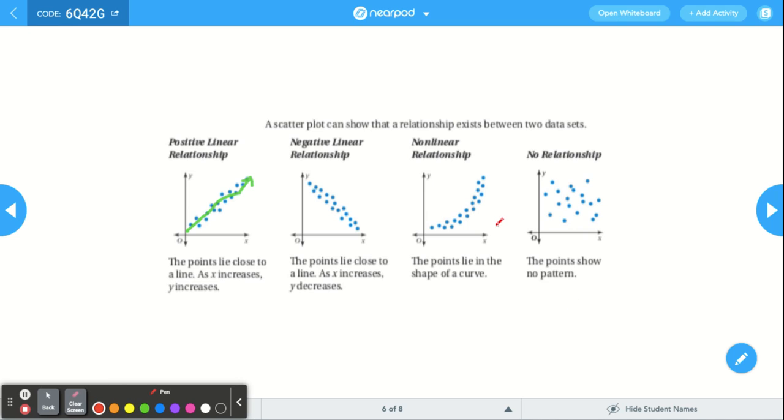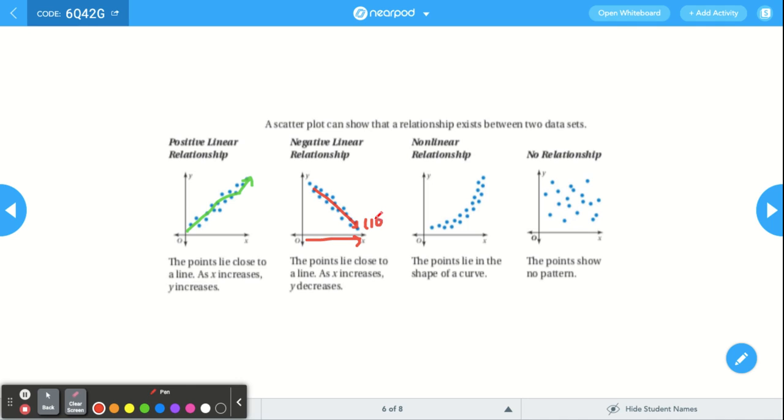The opposite, the negative linear relationship, is the second example. As we get higher on the x-axis, so we're going to the right, the values of the y go down. So I would probably think that the coordinate for this last dot here would be something like maybe (10, 1).